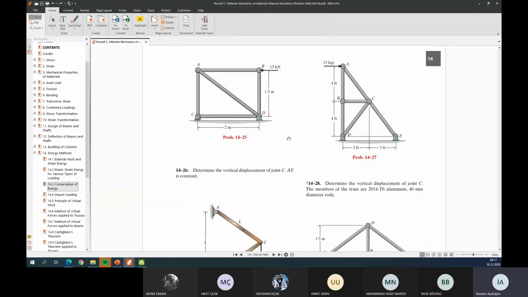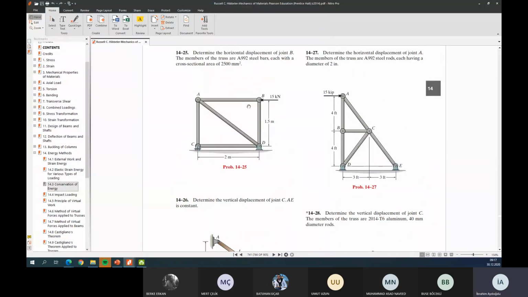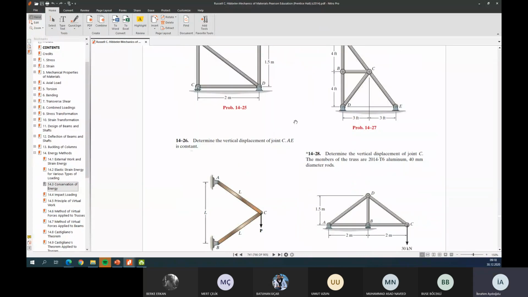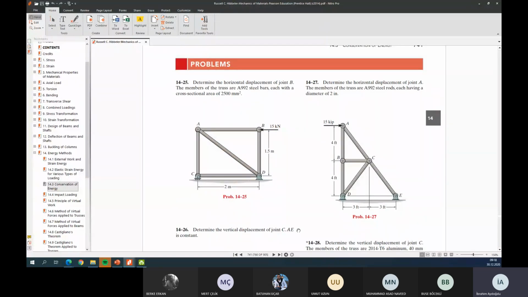This is easier than the other one because you know how many diagonal or vertical elements there are, so I can easily compute the member forces. I think both are easy, but this is a little bit easier. You prefer the easier one.